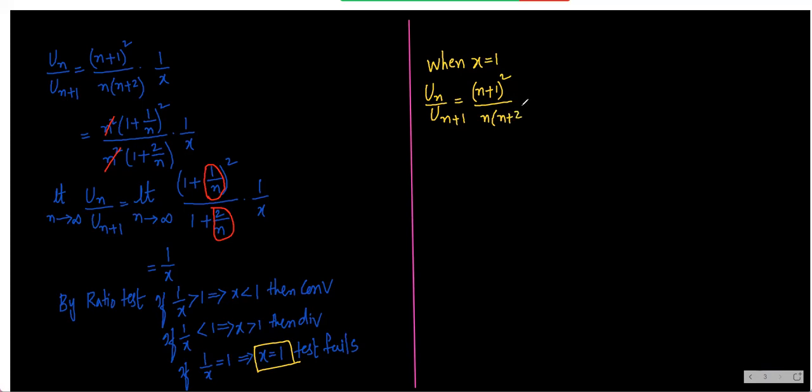So we should simplify this one. If you want, you can expand this: a square plus b square plus 2ab, divided by n square plus 2n. You may ask why expand here and not there? Because from here I have to apply Raabe's test, and for that we have to subtract 1 on both sides.